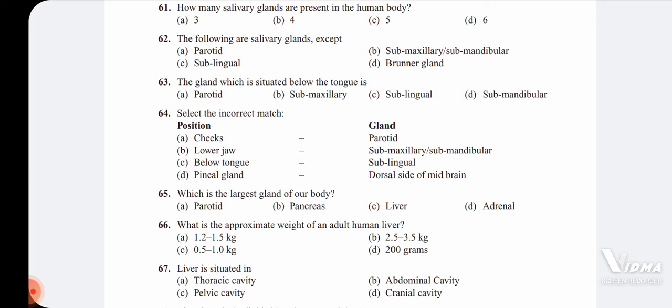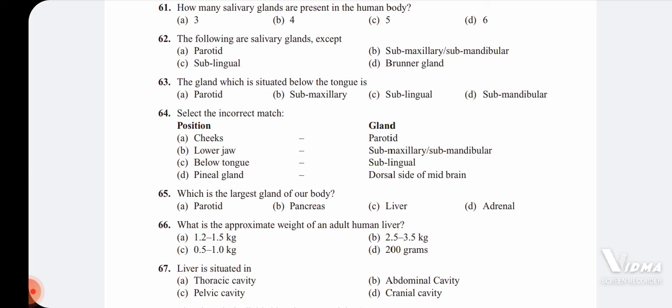Next, below the tongue there is the presence of sublingual. Option D, pineal gland, which is present in the dorsal side of the midbrain. Actually it is not present there. So that is the incorrect match for the 64th question. So hence the answer is option D.